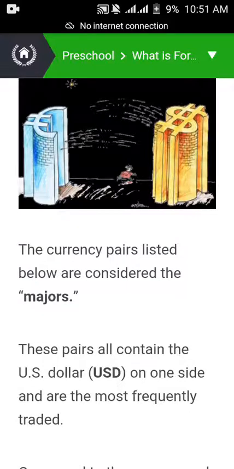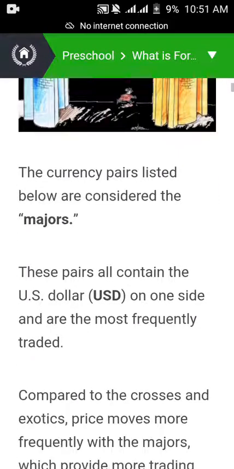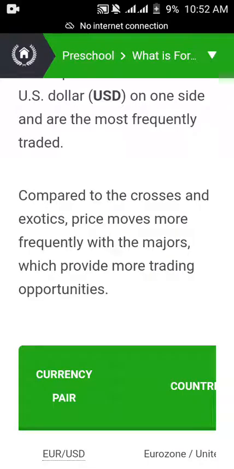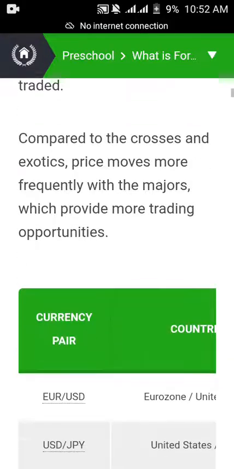You can see from the diagram. The currency pairs listed below are considered the majors. These pairs all contain the US dollar on one side and are the most frequently traded compared to the crosses and exotics. Prices move more frequently with the majors, which provide more trading opportunities.